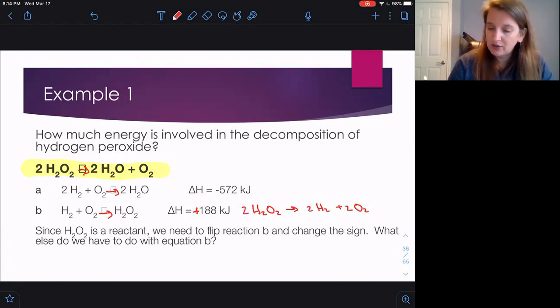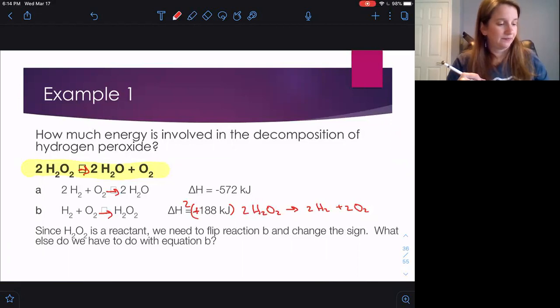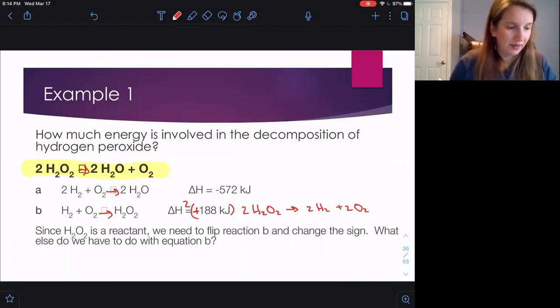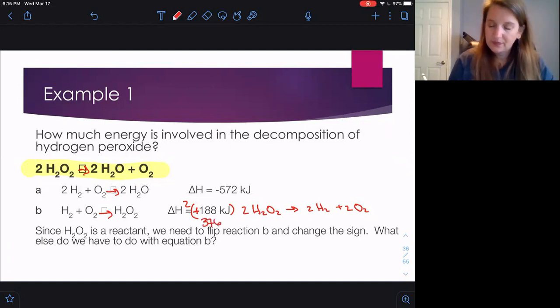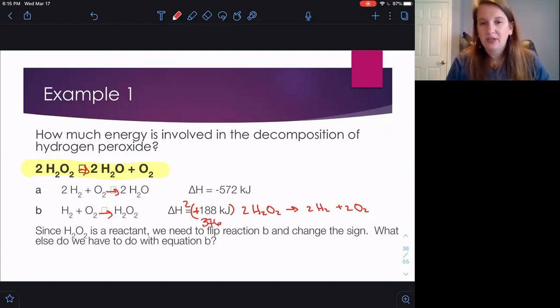It means we multiply all of these by 2, and we're going to have to multiply our delta H by 2. Okay, so that would be 376 here. So now we have two hydrogen peroxides decomposed to form two hydrogen gases and two oxygen gases.